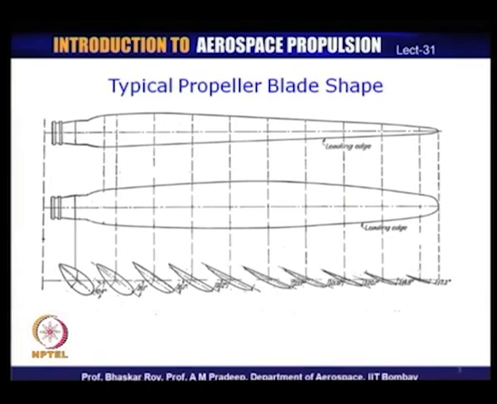However, as you move along, you will find that the aerofoils are becoming thinner and thinner, and at the tip it is a very thin aerofoil. So, they become progressively thin aerofoils, and as we know from the aerofoil understanding, these are all different aerofoils.